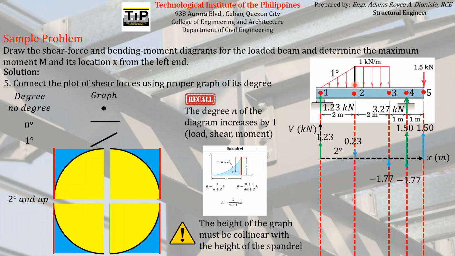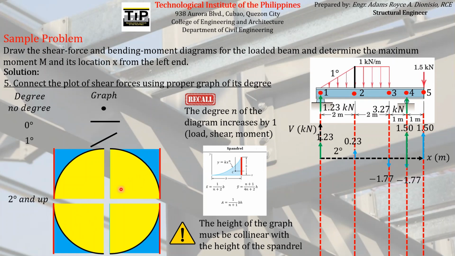So how can that information help us know which of these two to use to connect these 2 points? You just have to look at which one has the height of the spandrel on the right side, just like this one. The height of the graph is on the right side. So you have to choose a graph that has the height of the spandrel on the right side.